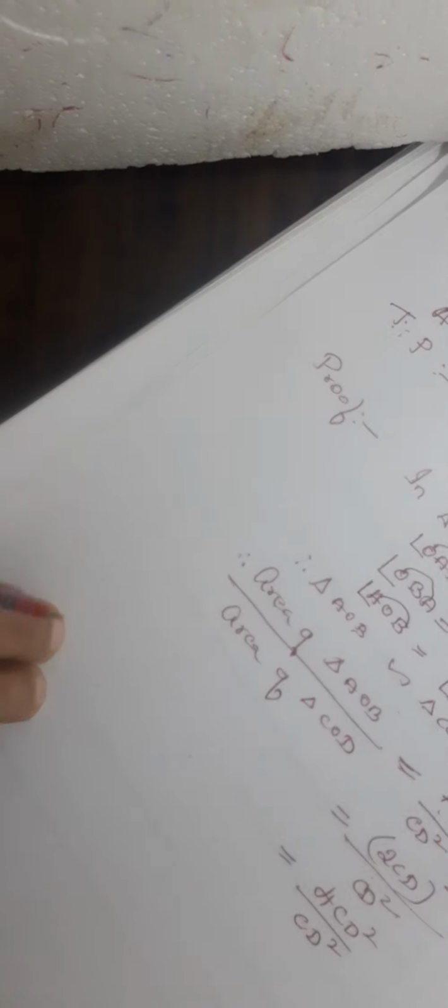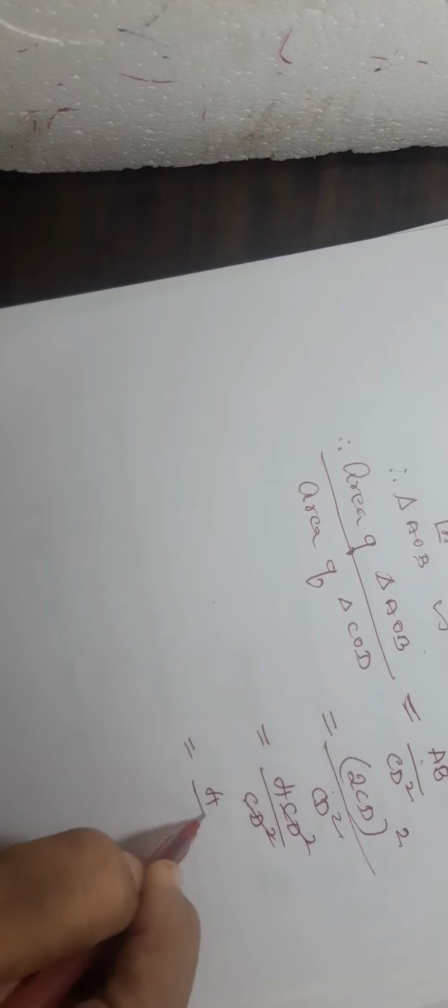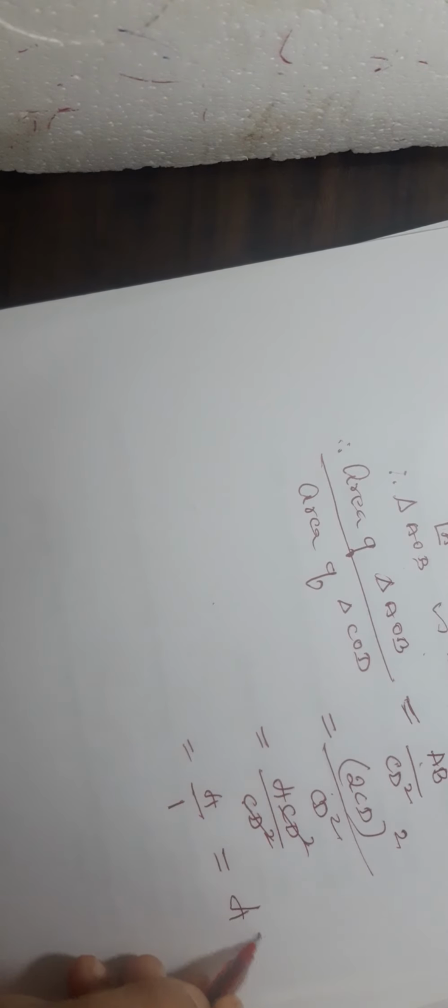So, now this is equal to 4CD squared by CD squared. I will square it. So, 4CD squared by CD squared, and then if I cancel, I'll get here 4 by 1, which is equal to 4:1. So, this is the way to do the sum.